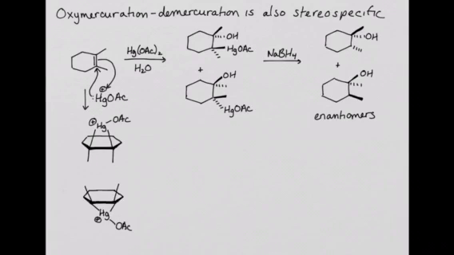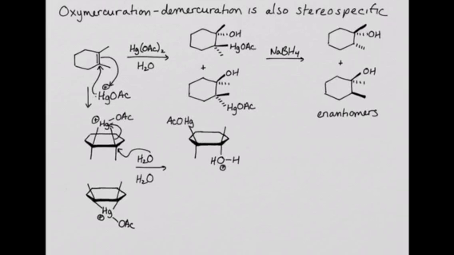Attack of water on these intermediates must occur anti to the mercury. Attack of water on the right carbon of the top structure leads to this intermediate. Attack on the right carbon of the bottom structure leads to this intermediate.